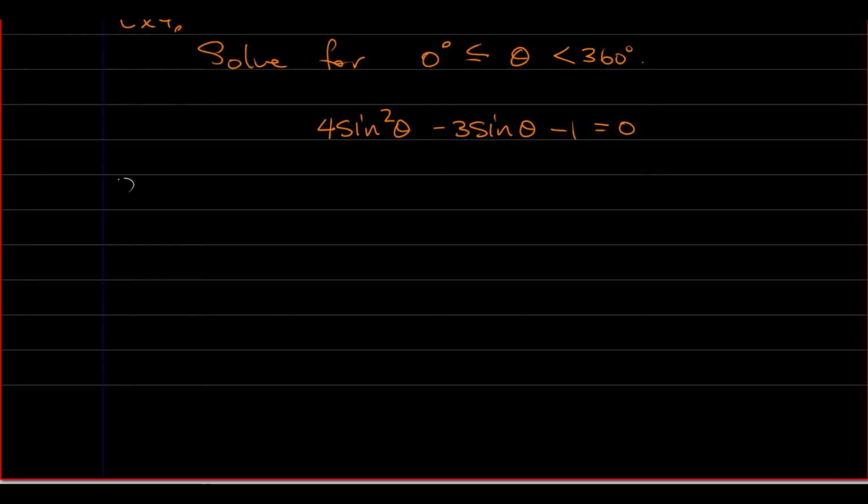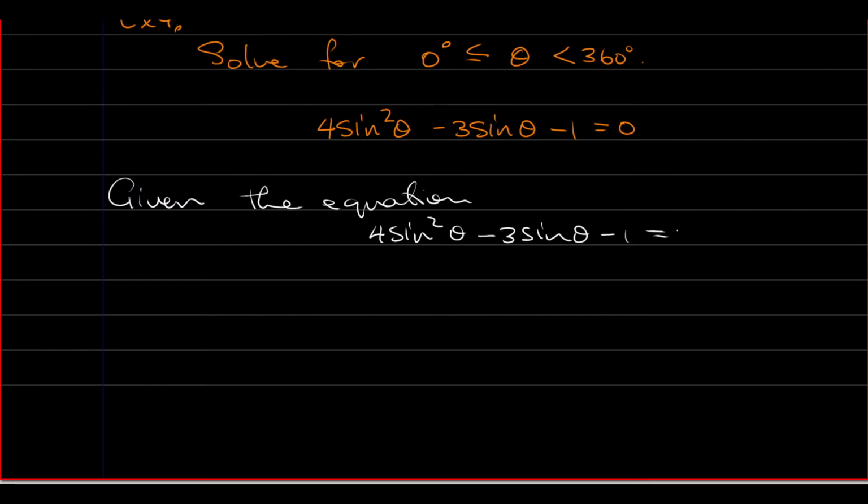So if you're given the equation, 4 sine squared theta minus 3 sine theta minus 1 equals 0, we can rewrite it in a form like this. We can say 4 into sine theta, squared, minus 3 sine theta, and then minus 1 equals 0.